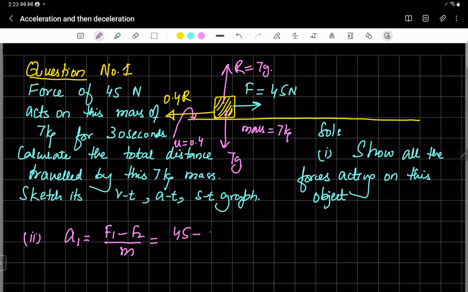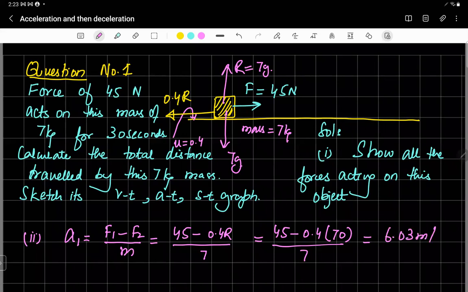That is 45 Newton minus 0.4 R over 7. R is equal to 7g, taking g as 10, so it's 70 over 7. Can you tell me the value of acceleration, please? Please do this calculation. 6.03 meter per second square.